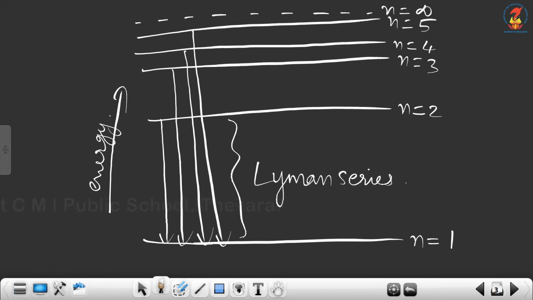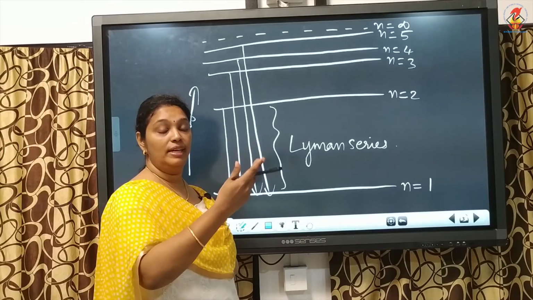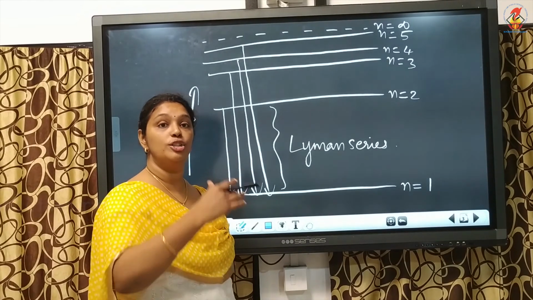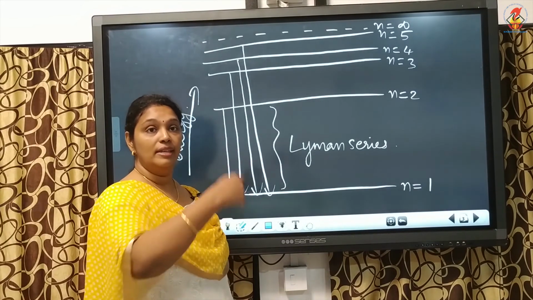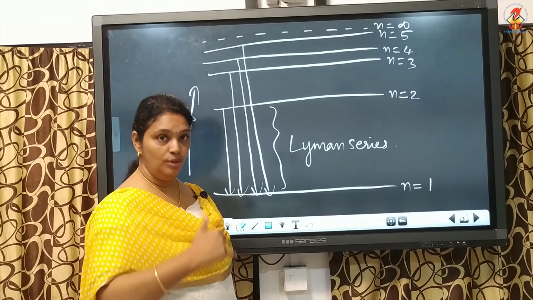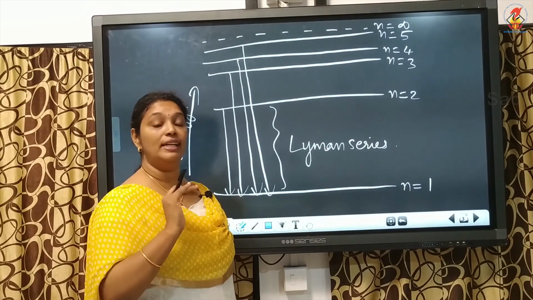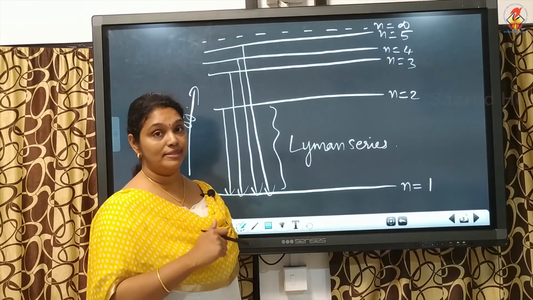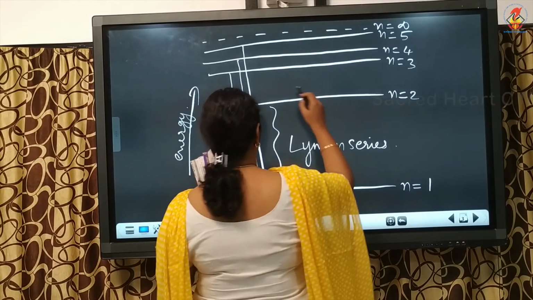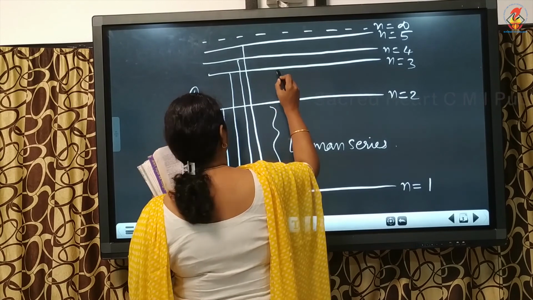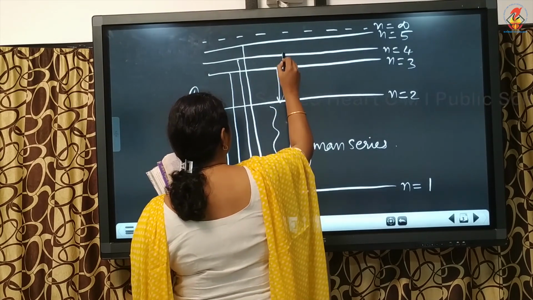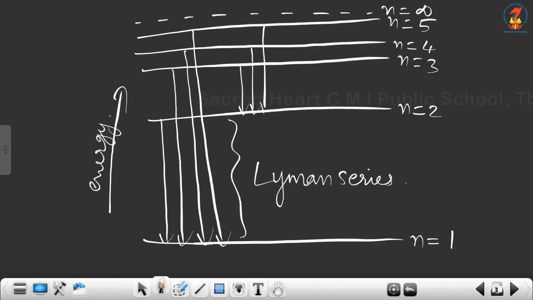Now again, the electrons from n equal to 2 get excited on absorbing radiation to a higher energy level, and they come back to lower energy level and fall in n equal to 2. In that case we get our Balmer series. So from n equal to 3 it comes to n equal to 2, n equal to 4, n equal to 5.